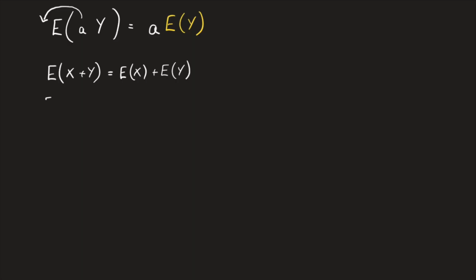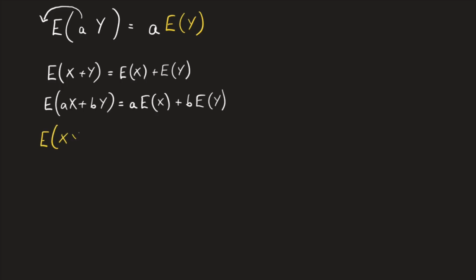We've also got that the expectation of a linear combination of random variables, so some constant a times a random variable x plus some constant b times a random variable y, is going to be equal to a times the expectation of x plus b times the expectation of y. Now, one thing to be really careful of is that if you have two random variables multiplied together, in general, it will not be the case that the expectation of xy is equal to the product of the expectations.